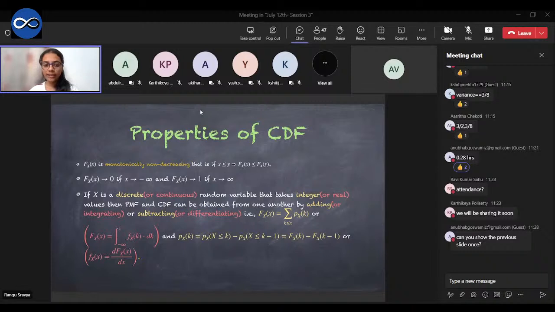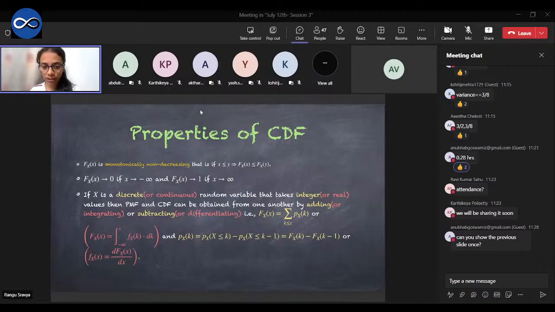Now the probability that X equals k, using F_X, we can find by taking the probability that X is less than or equal to k, that is the probability till k, minus the probability till k minus 1. That gives the probability of k, the probability that X equals k, because we are considering till k and then subtracting the part till k minus 1.